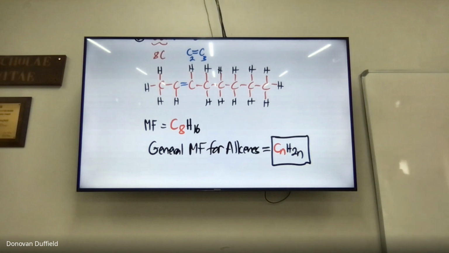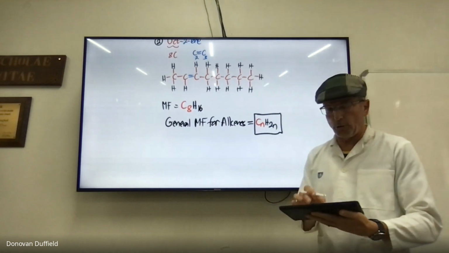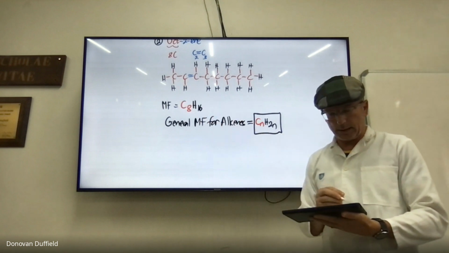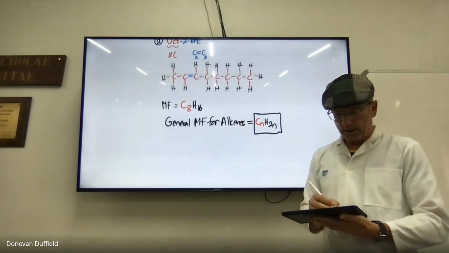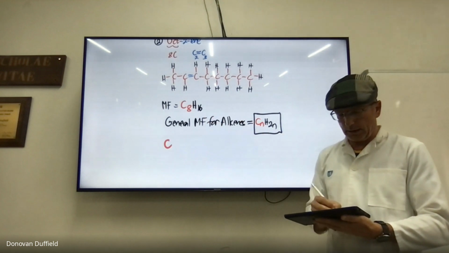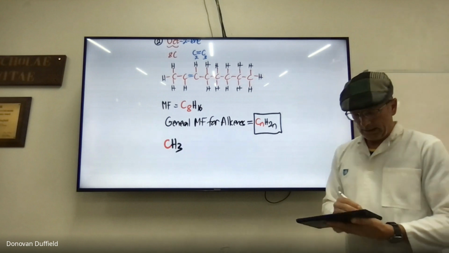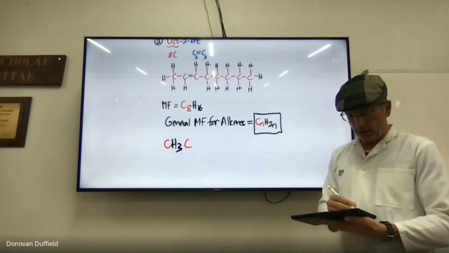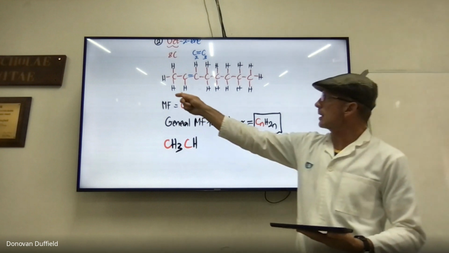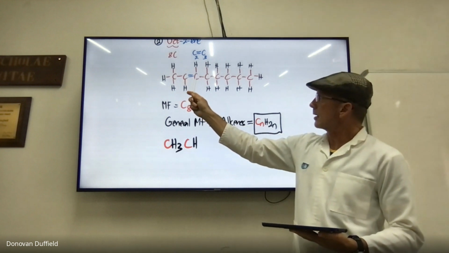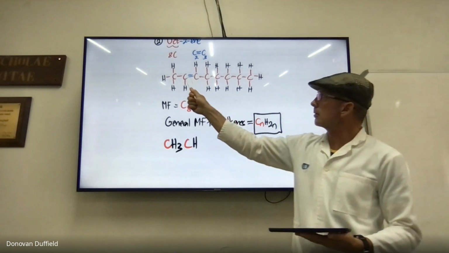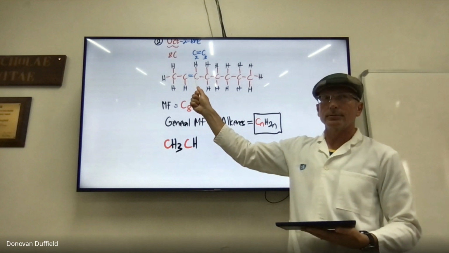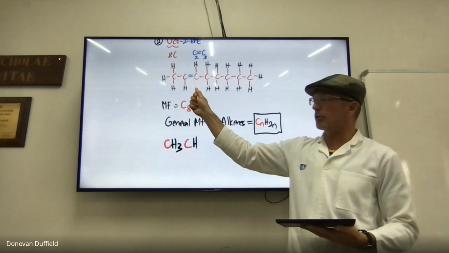If we look now at the condensed structural formula, starting on the left-hand side, it's going to be CH3, CH, CH. Okay, now this is where we can get tricky. Do you see these two CHs there?